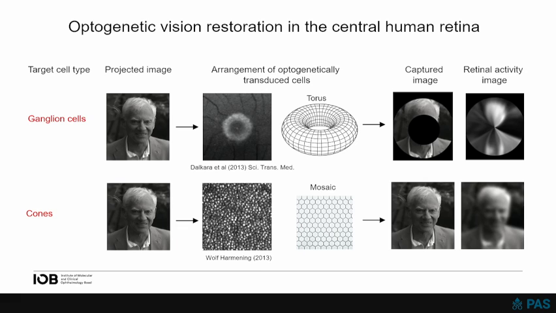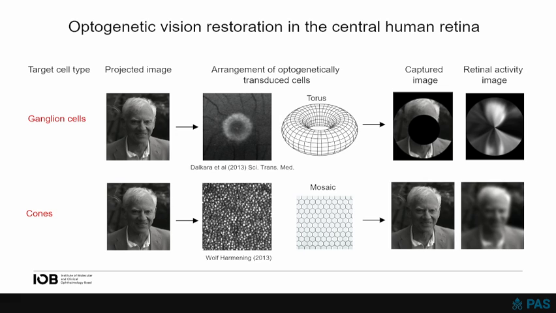So ganglion cells and bipolar cells of the fovea have a very peculiar organization. There is no ganglion cell in the center of the fovea, and that is because the light is coming from the ganglion cell layer, and to have high resolution vision, basically during evolution, ganglion cells were shuffled to the side. So they and the bipolar cells are on a torus around it.